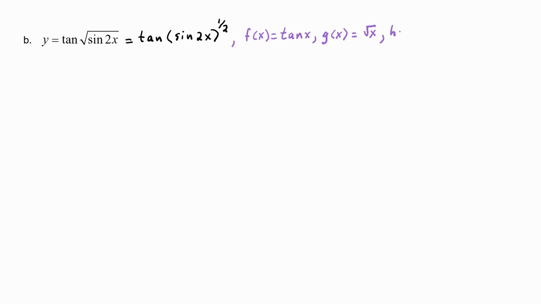So then h of x is going to equal sine x. And then finally, living inside of that, we could call it k of x is equal to 2x. So then y equals tangent of radical sine 2x is actually y equals f of g of h of k of x.